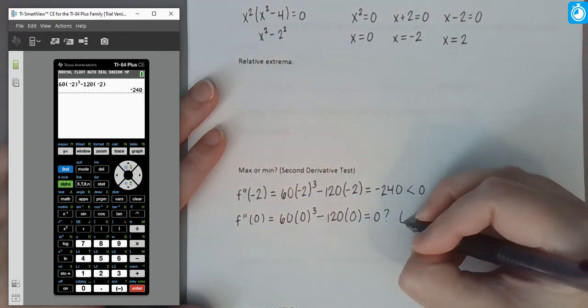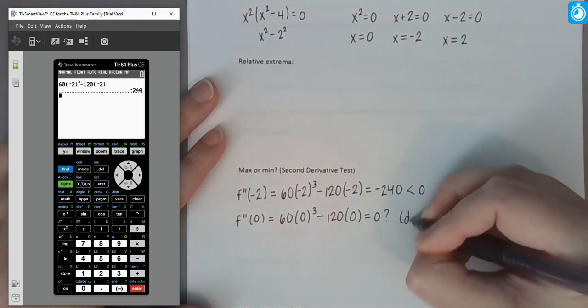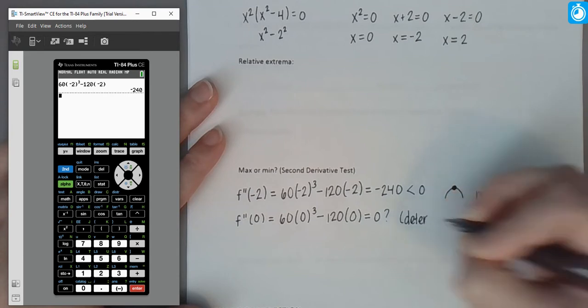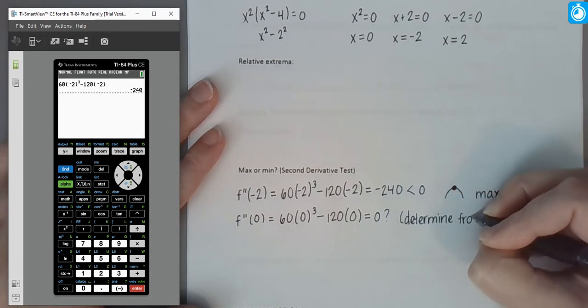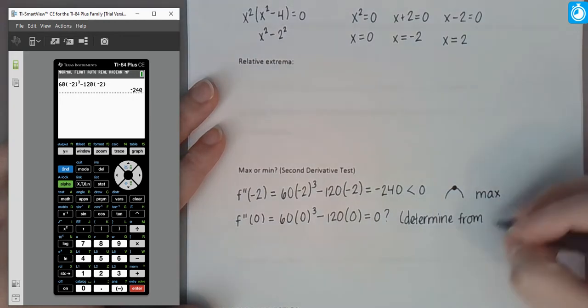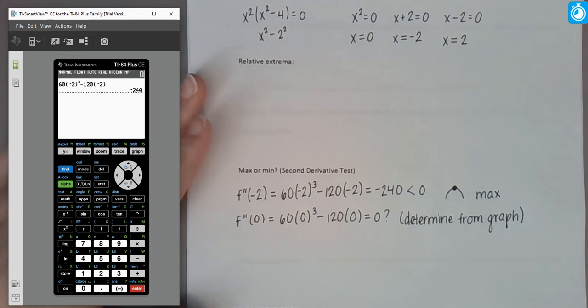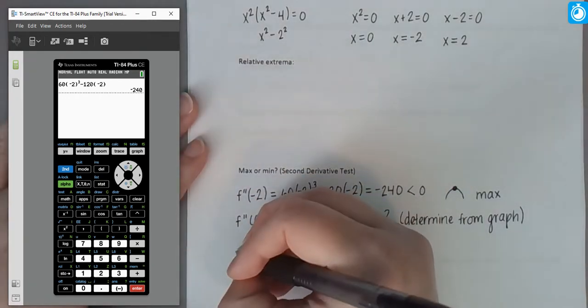So in this case, because it's inconclusive, we're just going to determine from the graph. Once we go and look at the graph, we'll determine if this is an extreme value just based on what we see from our graph. So anytime the second derivative evaluates to 0, the second derivative test is inconclusive. Either you can use the first derivative test, or once you graph the function, you can just determine what you see at that location from the actual graph of the original function.